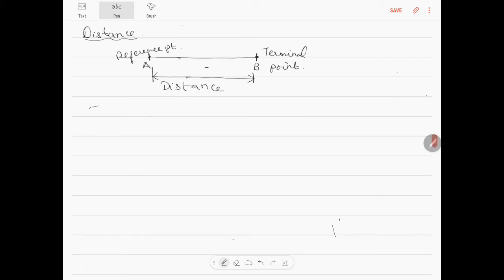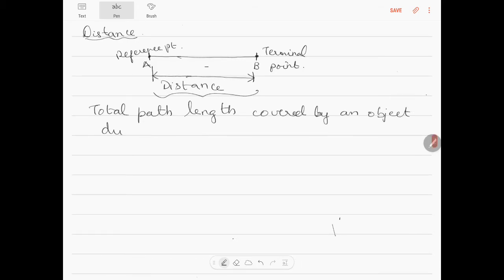Distance is the total path length covered by an object during the entire journey.